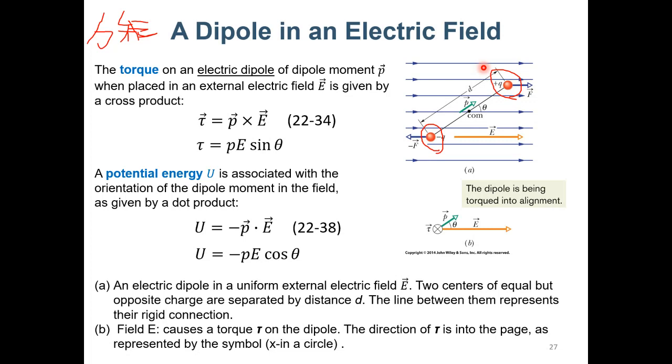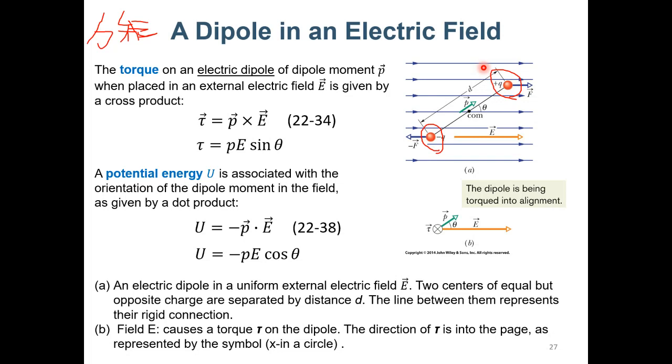So P cross E would be something like this, pointing inside. So the torque will be pointing inside, something like this.